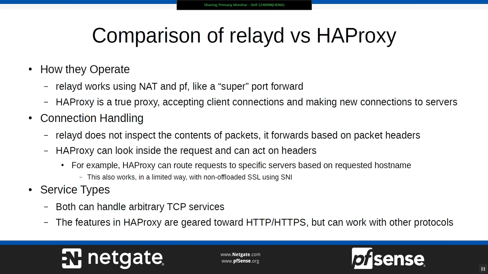Normally, if you've got one server that's overloaded, it can help you spread the load across multiple servers, so you're not so overloaded. The features in HAProxy are geared toward HTTP and HTTPS, but it can work with other protocols if you just have a simple TCP service. It can just do more with HTTP and HTTPS.